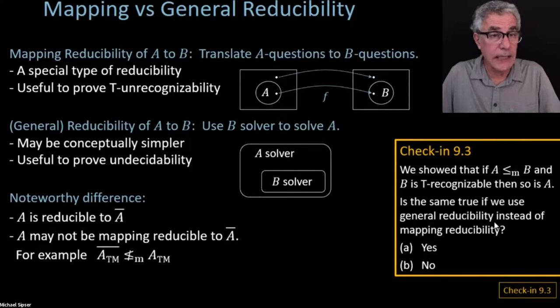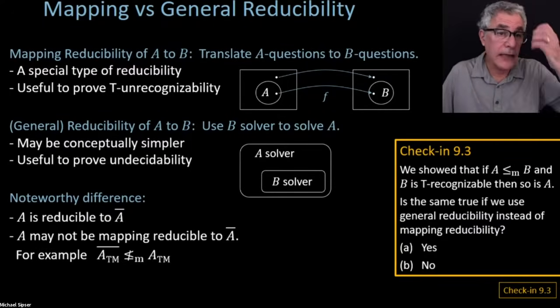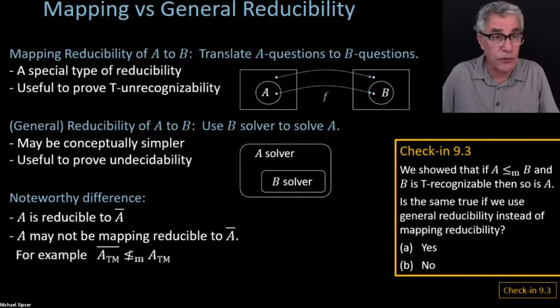That clearly is not going to be the case, because ATM complement is reducible to ATM using general reducibility, but ATM complement is not recognizable, even though ATM is recognizable. So we kind of have a proof that this has to be no, but as you can see, I'm even getting myself confused. So you have to stare at it.